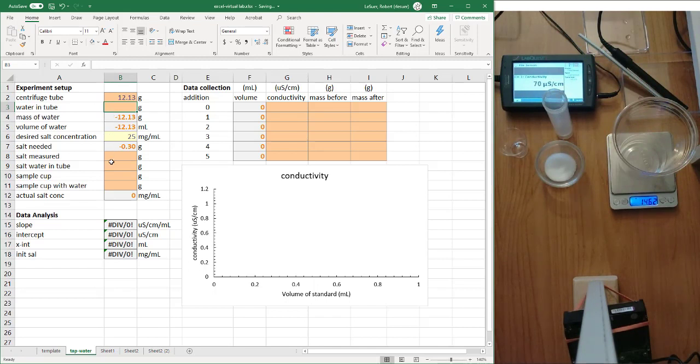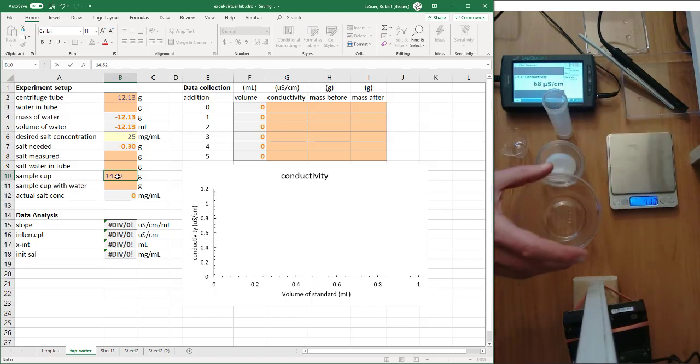And I need to know the mass of the container that I'm going to use to hold my sample. And so that goes down here in the sample cup, and that's 14.62. Great. Now I'll go get some tap water, and we'll get going.